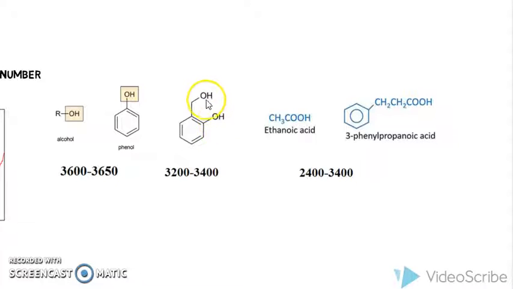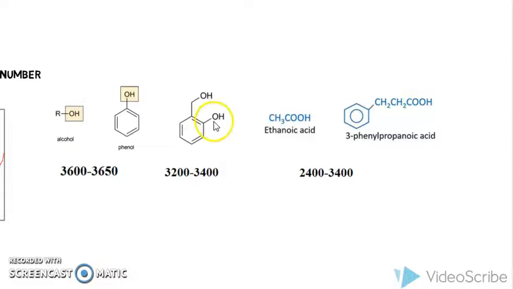In case of molecules where there is a chance of intramolecular hydrogen bonding, for example, here this OH may have intramolecular hydrogen bonding with this OH. The partially negative charge of oxygen may attract the partial positive charge of hydrogen. Such an OH group is not called a free OH group; it is called a hydrogen bonded OH group.